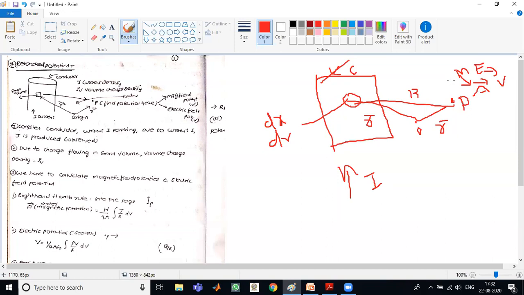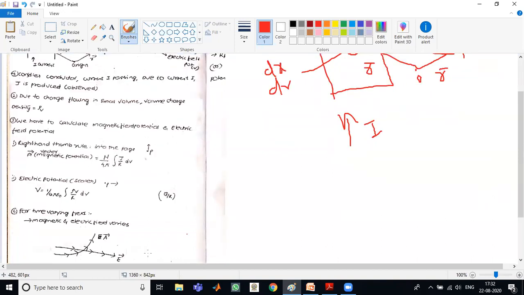Magnetic field potential is denoted by A bar, because it is a vector, and electric field potential is V, it is a scalar. Now, from standard formulas, A bar is given by mu by 4 pi integral J by R dV.